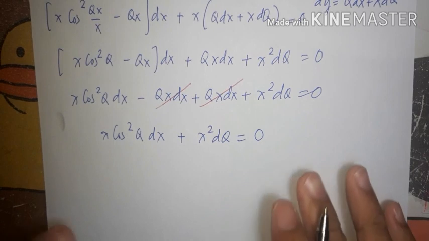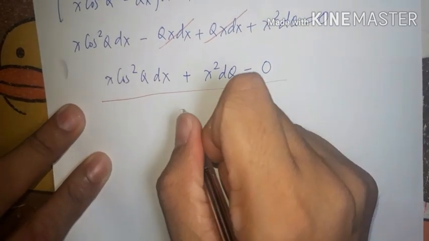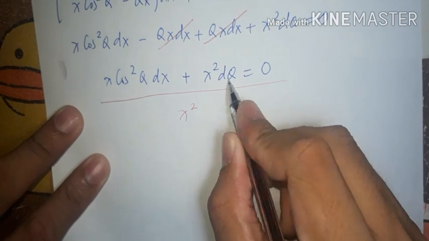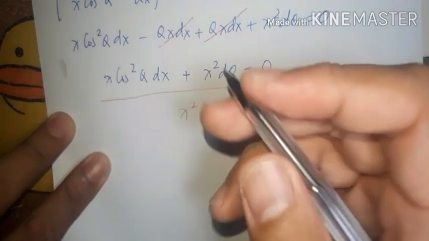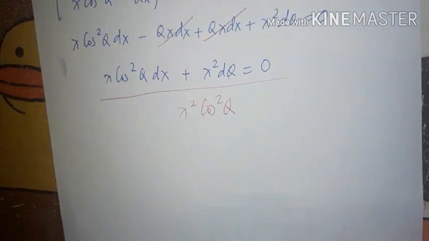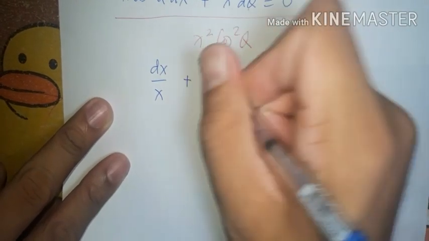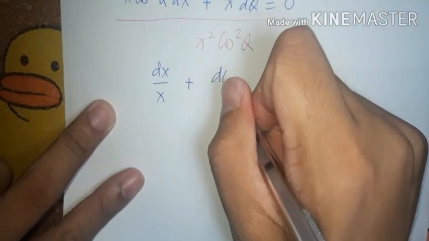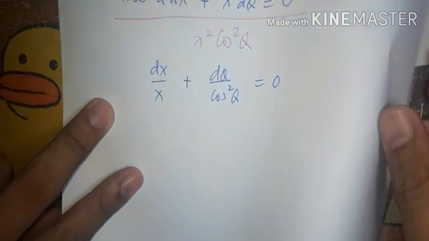So now it's ready for variable separable. So, di-divide lang natin siya by x squared kasi hindi siya kailangan dito because we are integrating with respect to q, and hindi natin kailangan si cosine squared q since we are integrating with respect to x. So, dividing that gives you dx over x plus dq over cosine squared q is equal to 0.